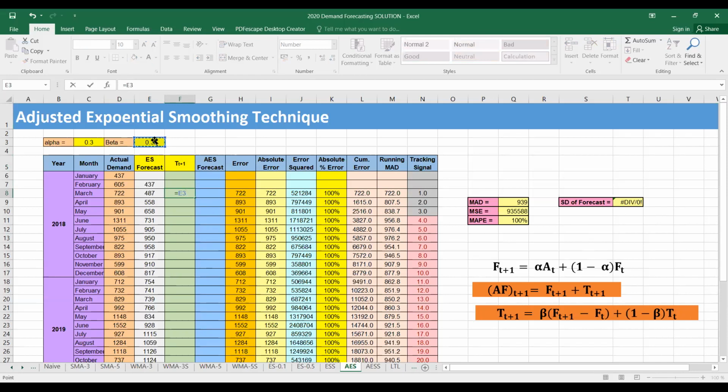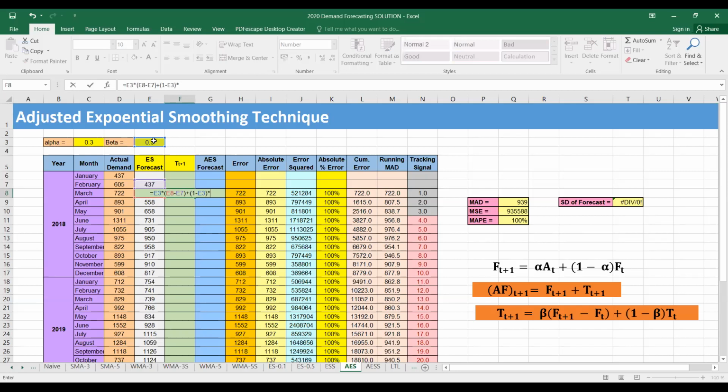So beta into the forecast for this period, the period of March, that will be equal to 487 minus the forecast for the previous period, that is February, plus 1 minus beta into the previous trend.